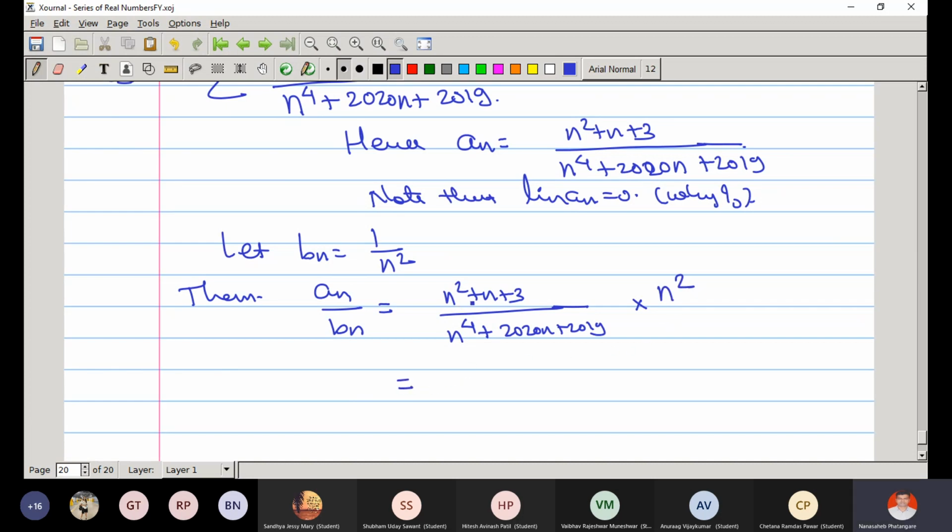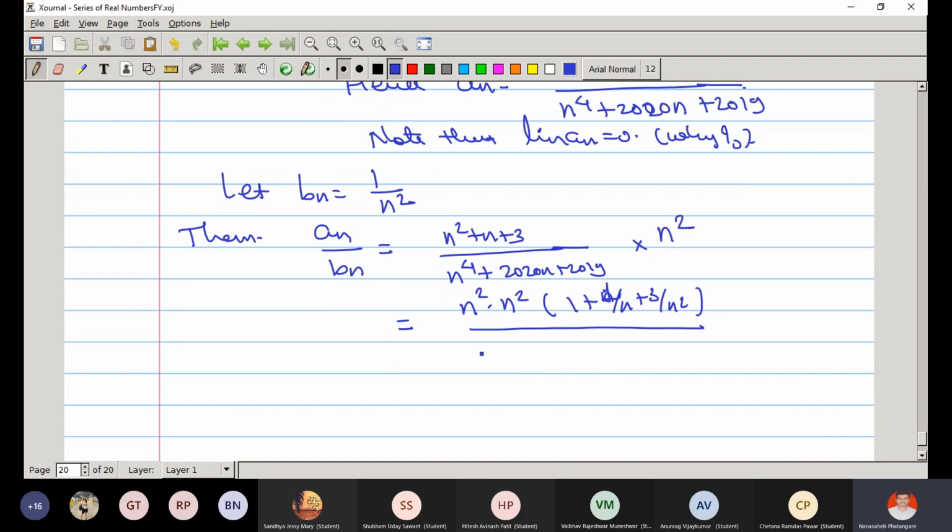Now you can take n square outside from the numerator, and what remains in the numerator is 1 plus 1 by n plus 3 by n square, and in the denominator take n to the power 4 outside. What remains is 1 plus 20 by n cube.